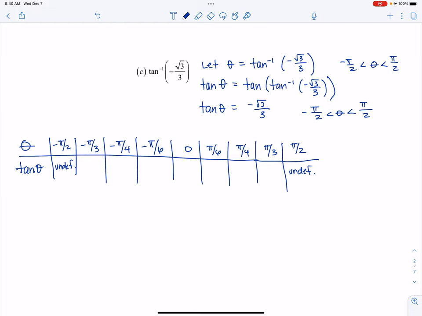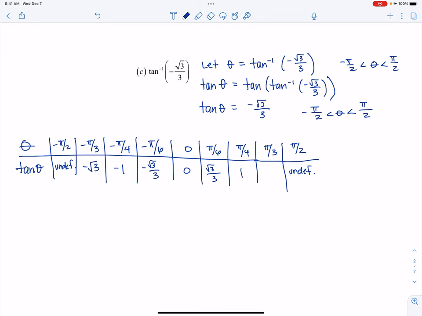So let's look at negative pi over 3. At negative pi over 3, our tangent value is negative root 3. At negative pi over 4, tangent is negative 1. At negative pi over 6, tangent is negative root 3 over 3. At 0, tangent is 0. At pi over 6, tangent is root 3 over 3. At pi over 4, tangent is 1.